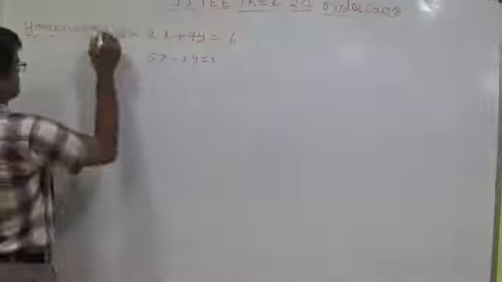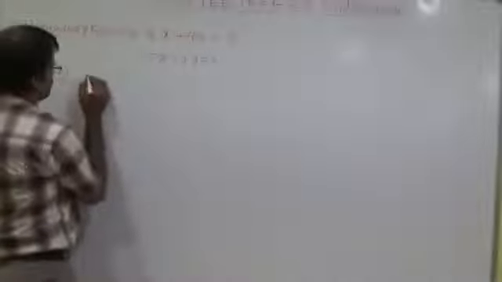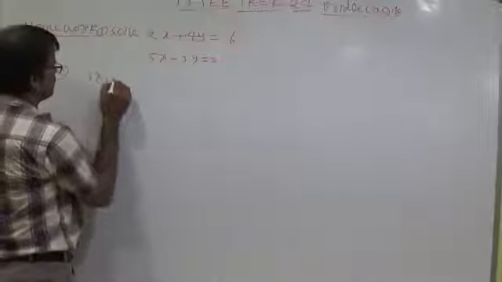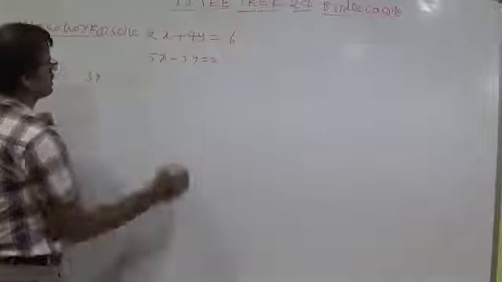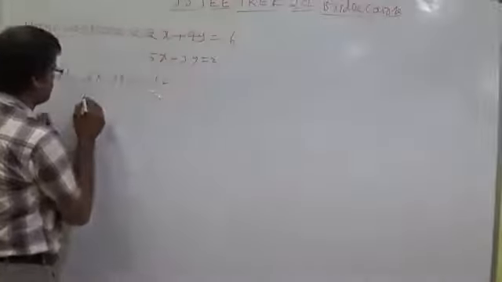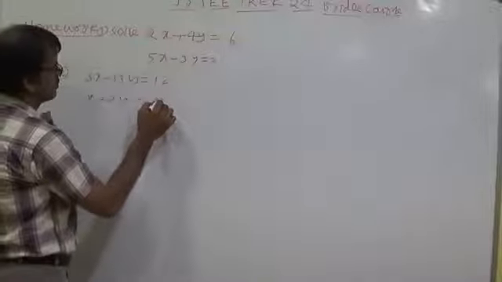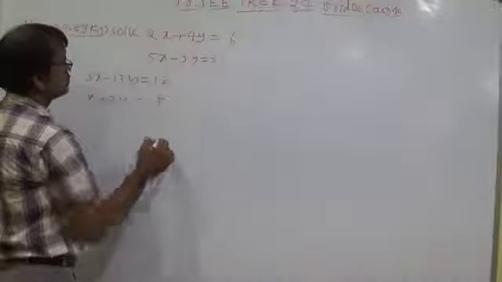This is the first sum. Second sum, 3x minus 33y equal to 12 and x plus 7y is equal to 8.